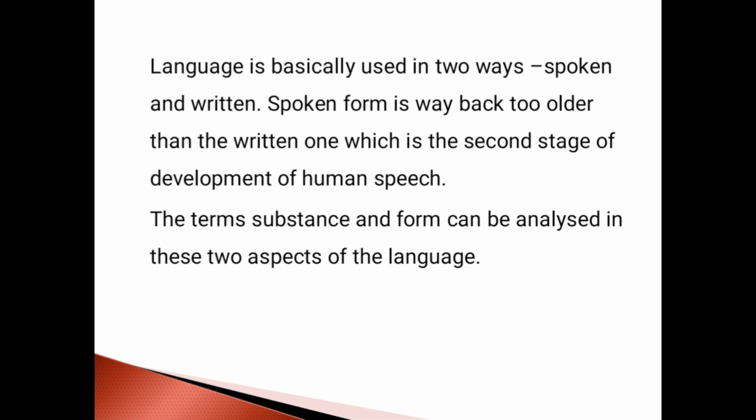We know language is basically used in two forms, spoken form and written form. Spoken form is way older than the written one. Written form of language is the second stage of development of human speech. The terms substance and form can be analyzed based on these two aspects of language.